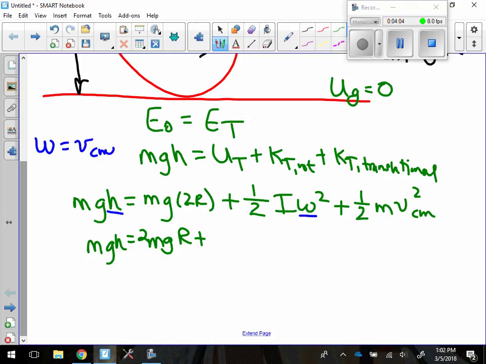V center of mass. Okay, the radius of what in this situation? Because what's the ball doing? It's the radius of the marble, or the ball, or whatever it is. Not at this moment and not at this time.